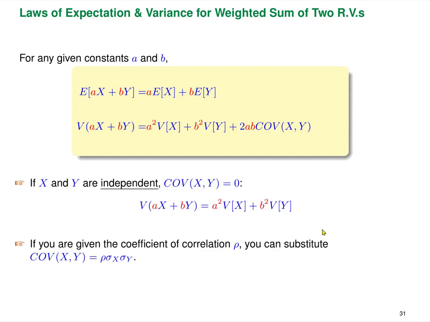If you are given the coefficient of correlation between these two random variables, say rho, you can actually substitute the covariance between these two random variables by rho times the product of their individual standard deviations.